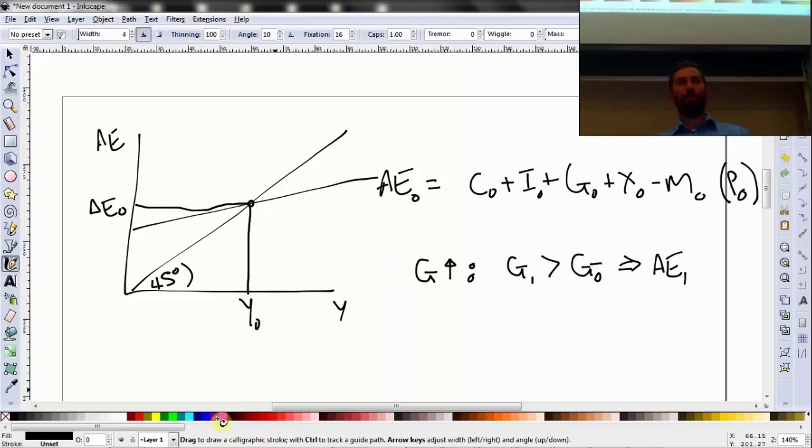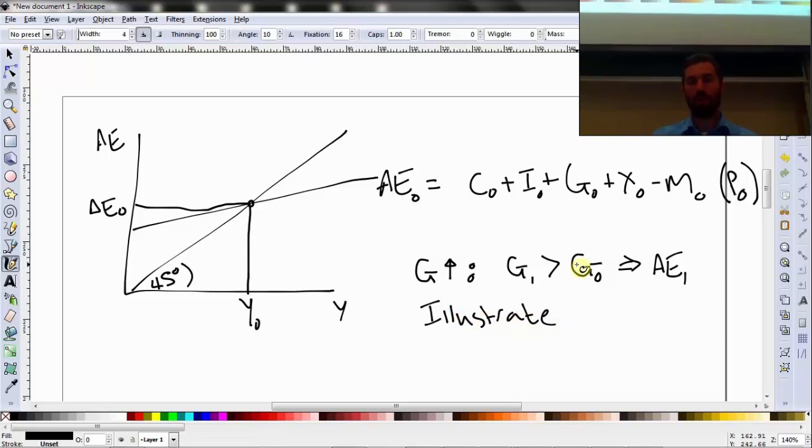I'd like you to draw AE1 on your aggregate expenditure diagram, and I would like you to illustrate this change. I would also like you to illustrate on your diagram equilibrium in terms of AE1 and Y1.